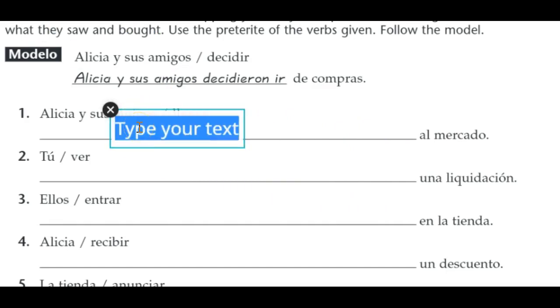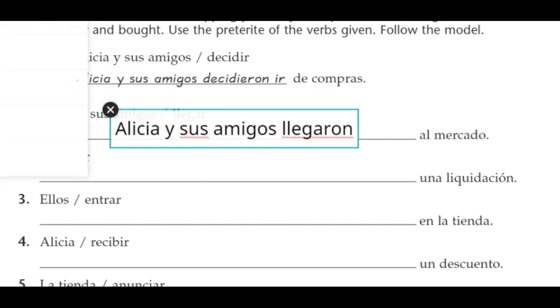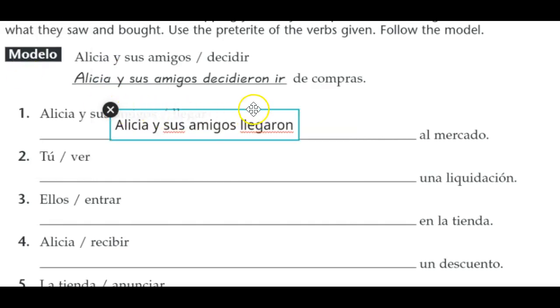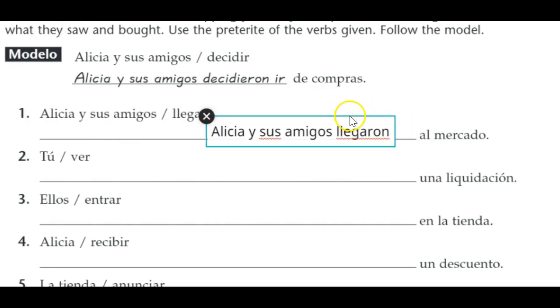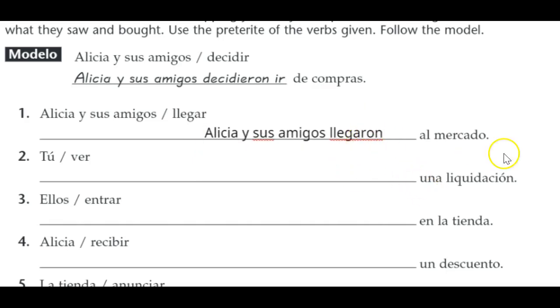We can replace Alicia y sus amigos if we want to with ellos. Sus amigos llegaron, right? We want to say that they arrived. Alicia y sus amigos llegaron al mercado.